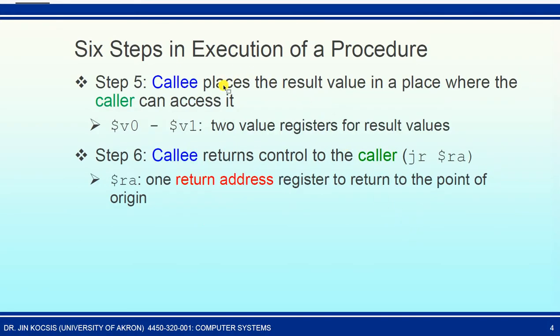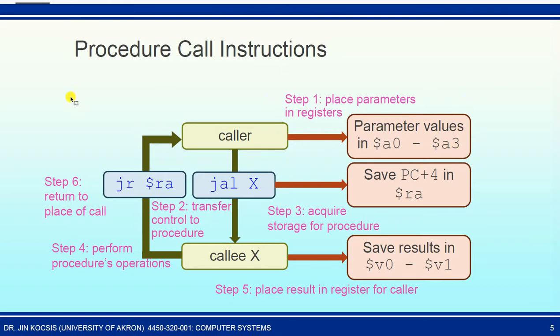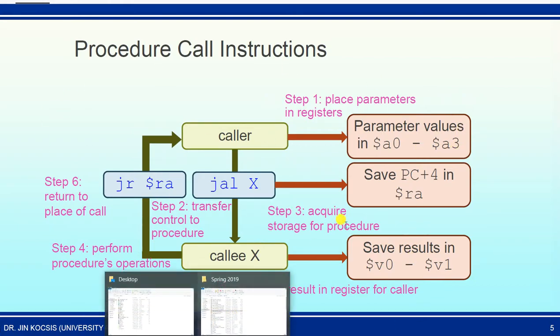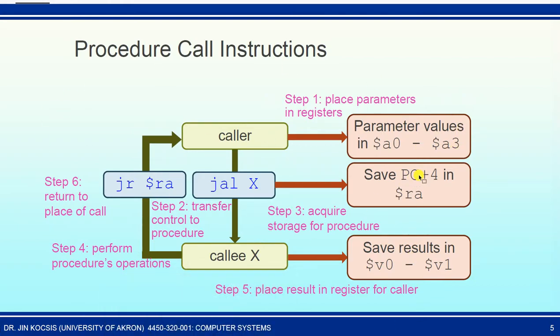Before returning the control back to the caller through jump and return, it puts all the potential return values into the general purpose registers V0 and V1. After that, it calls jump and return followed by the return address RA and returns the control back to the caller. And this diagram implements the same thing I just mentioned.